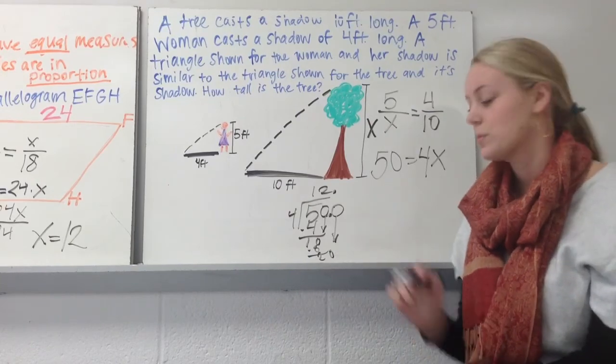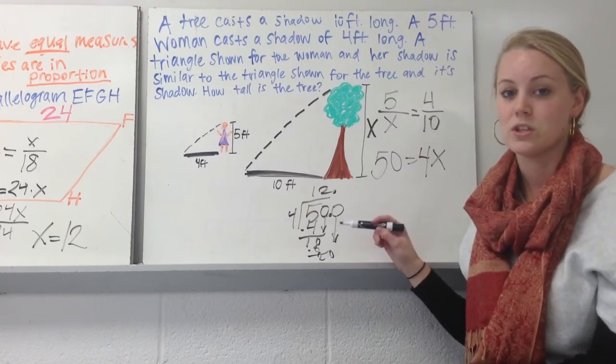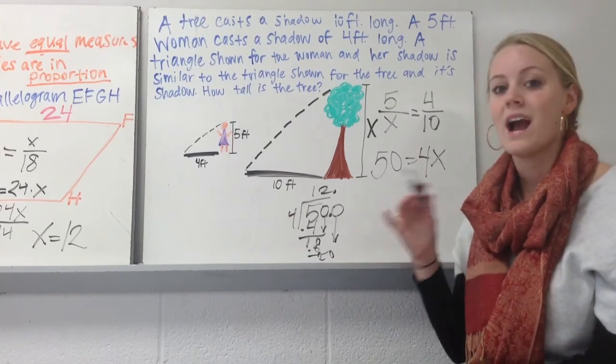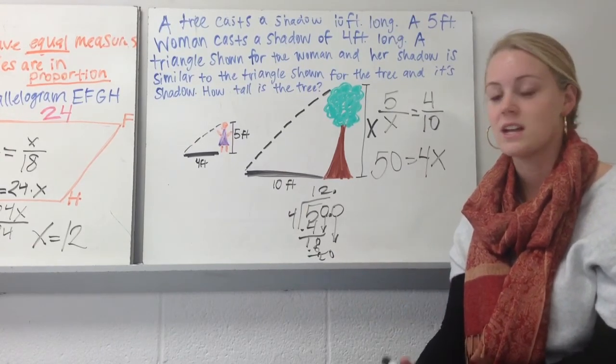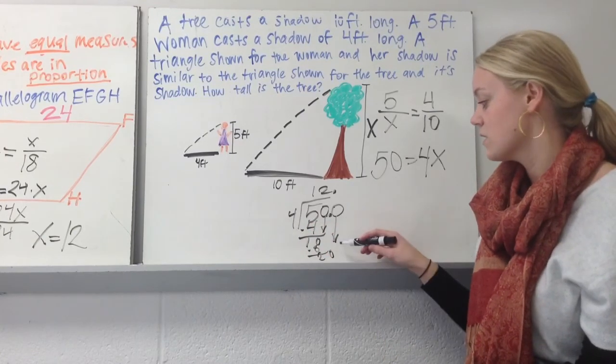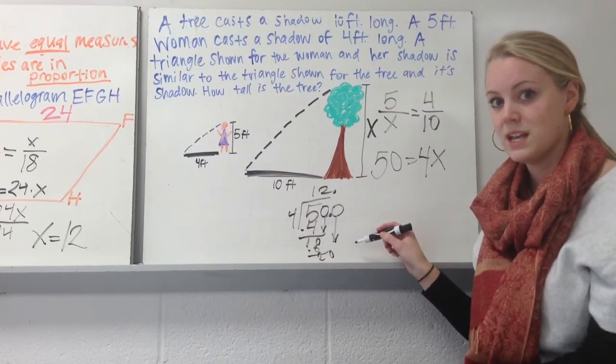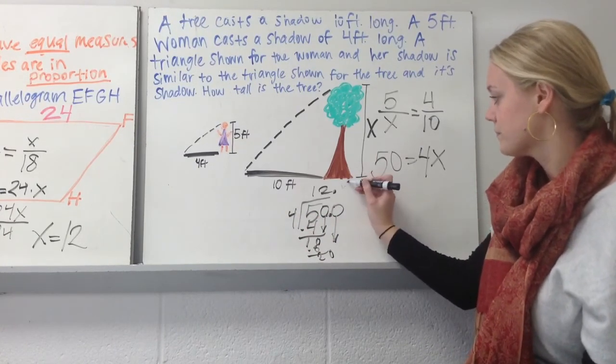We added a 0 because when we did 10 minus 8, we had a remainder of 2, and we have to keep doing this long division until we get a remainder of 0. So now we brought down the 0, and we have 20. How many times does 4 go into 20? That's 5 times.